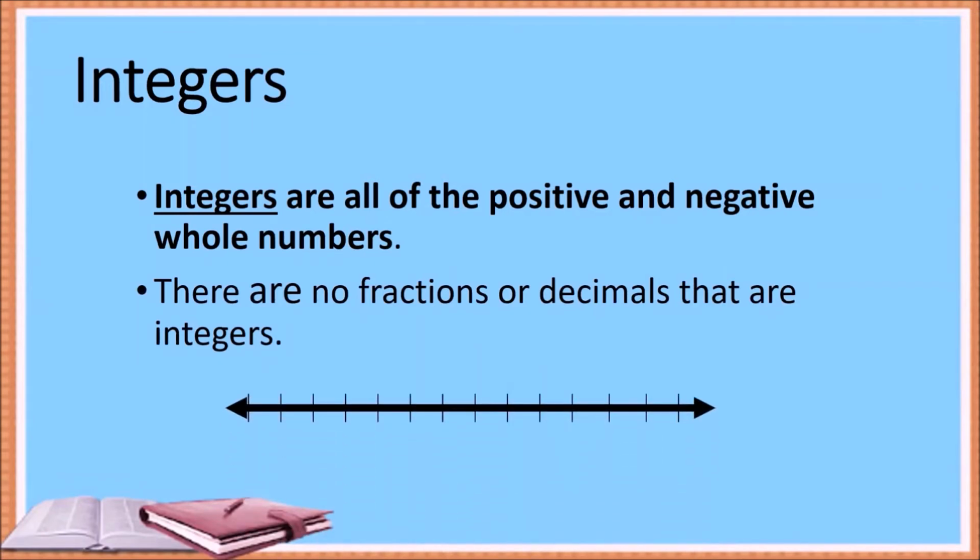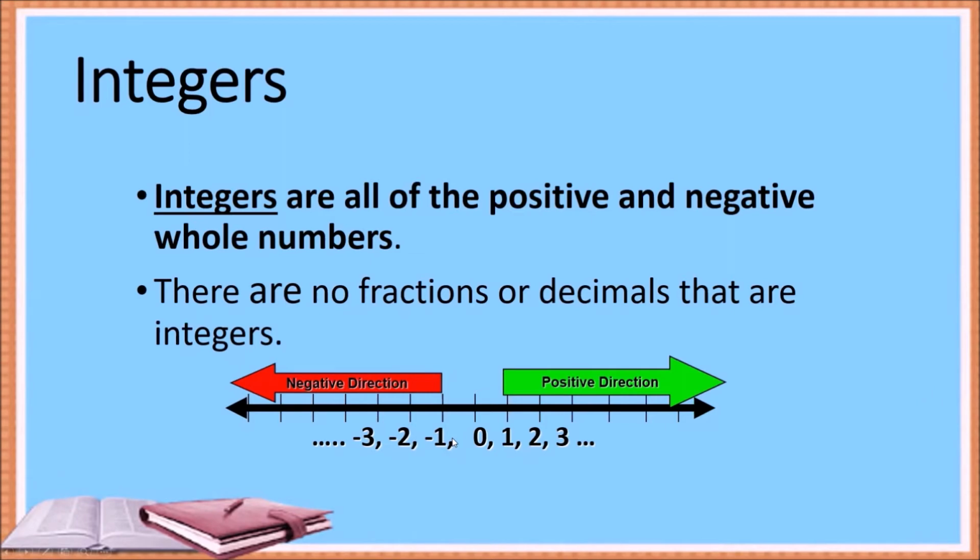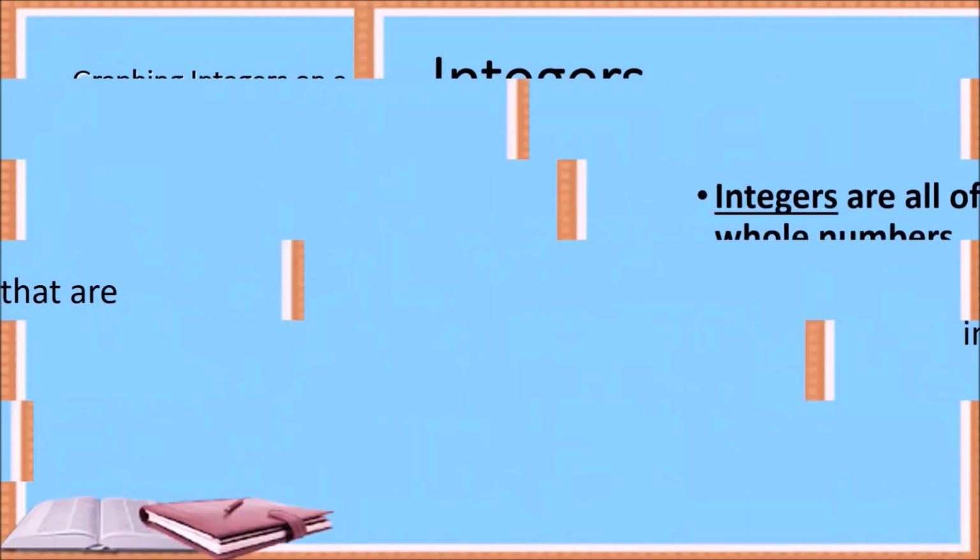So ito yung ating number line at ang number line ay binubuo ng origin na 0 at katabi ng 0 sa right side ay lahat ng positive numbers at sa kaliwa, left side ng 0 ay lahat ng negative numbers. Sa right side ay ang mga positive direction at sa left side ng 0 are all negative directions.